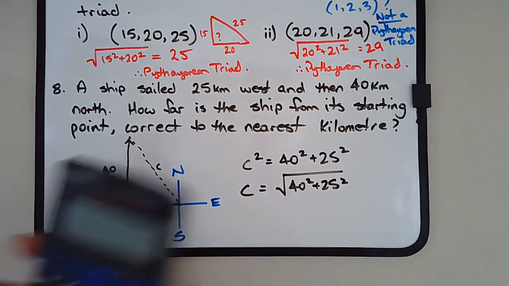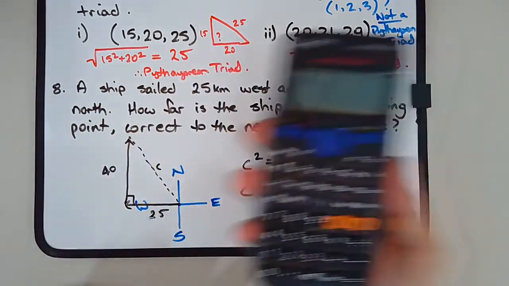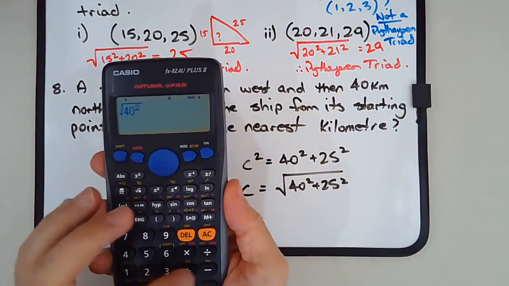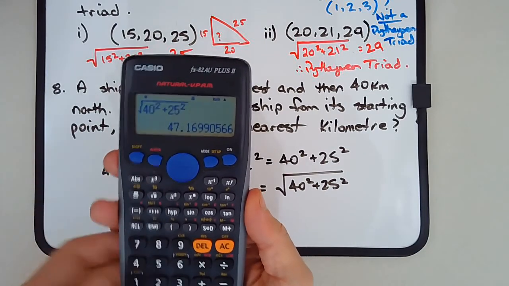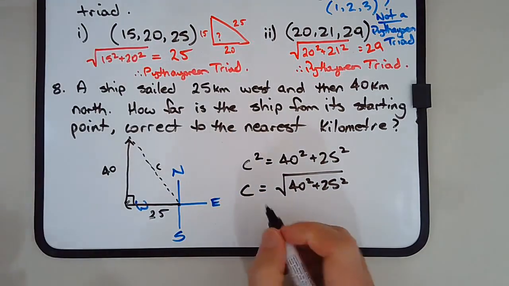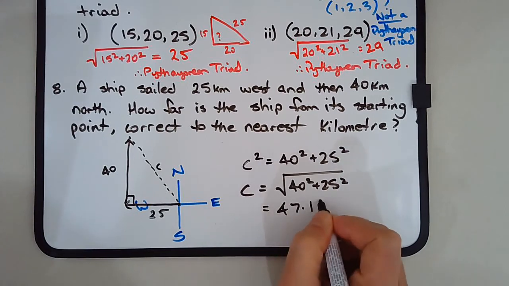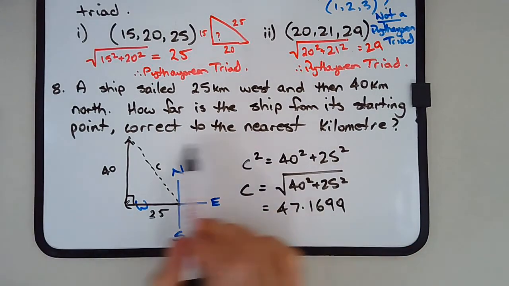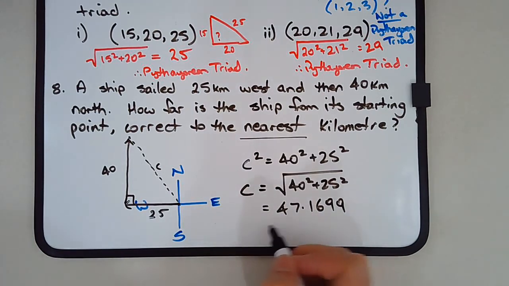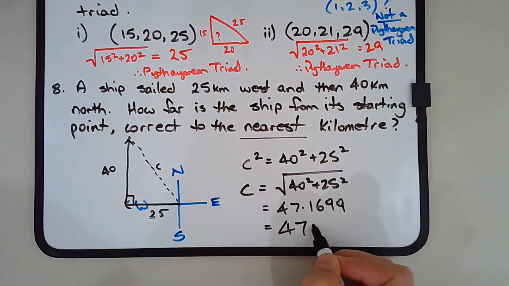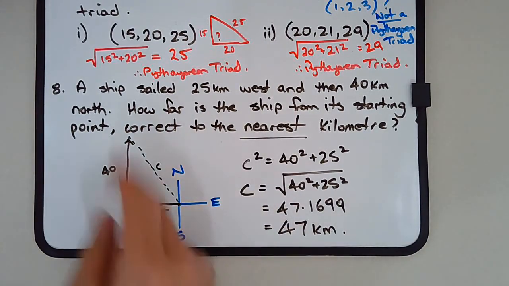Square root of 40 squared plus 25 squared, and we get 47.1699. But the question says correct to the nearest kilometre, so that's 47 kilometres. That's how far the ship is after sailing to the west and then north.